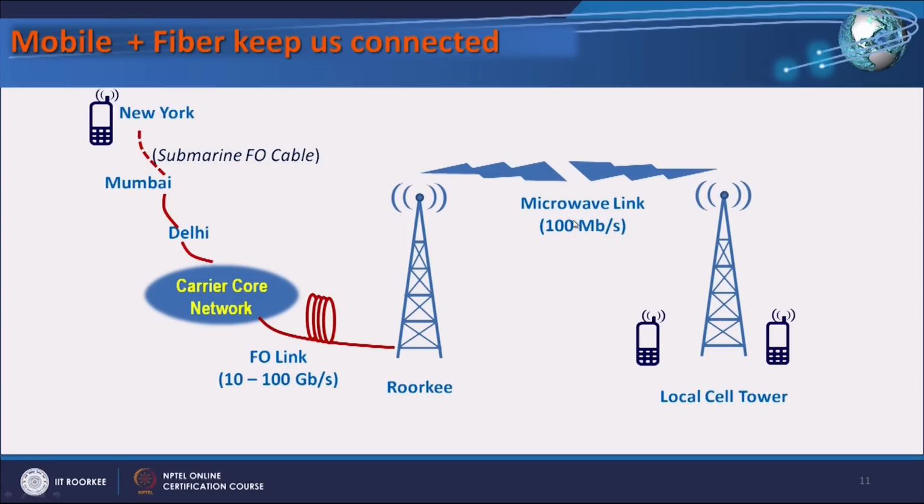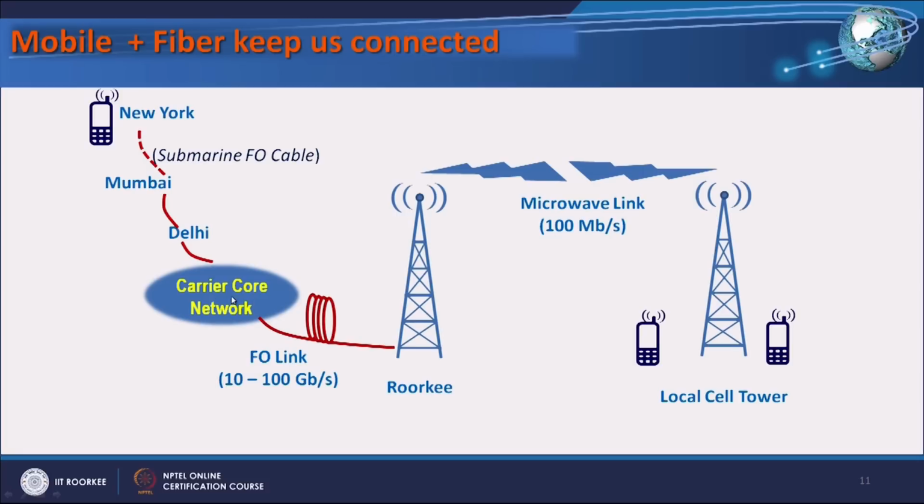The connection between your mobile phone and this tower is also through a microwave link. This microwave link has a limited data transmission capacity, which is about 100 megabits per second. So you send data from this tower to this tower at 100 Mbps over a few kilometers, and then fiber takes over.